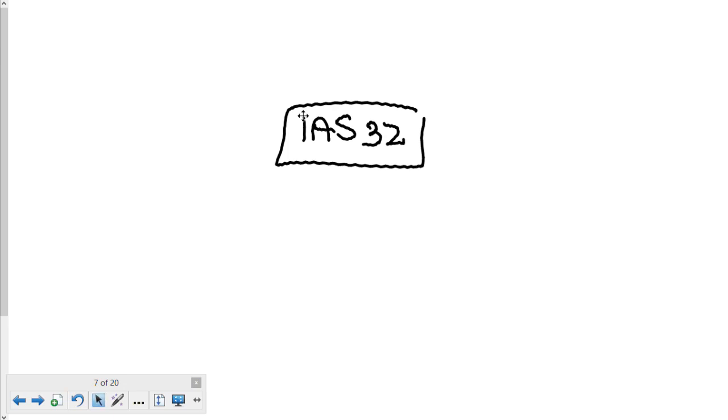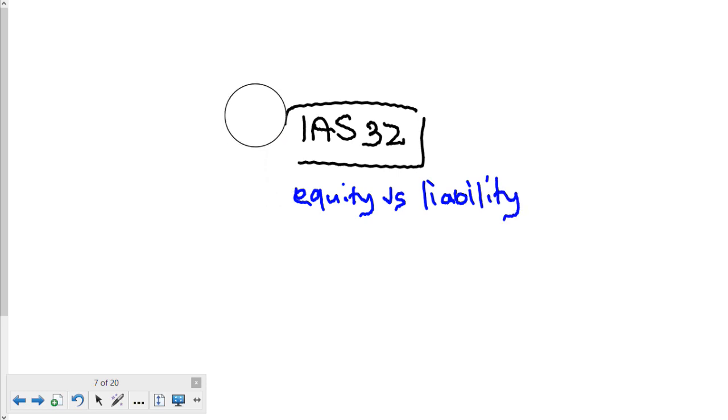IAS 32 deals with the distinction between capital, equity or liability. What IAS 32 basically says is that it deals with issued instruments.